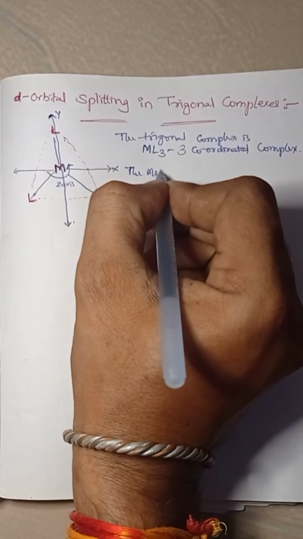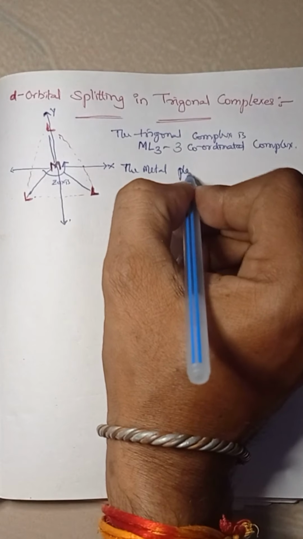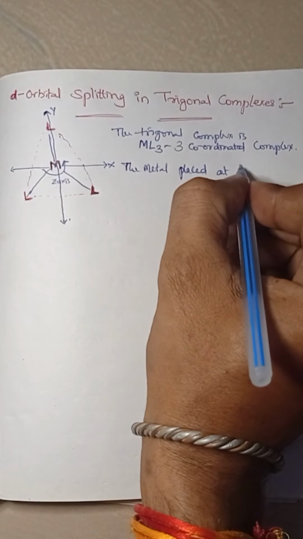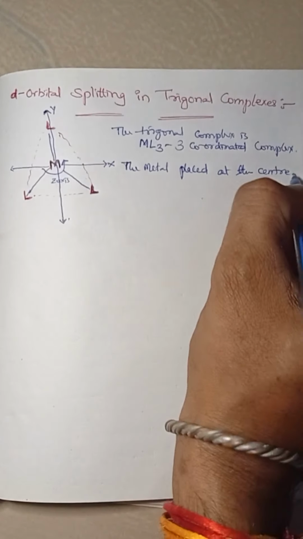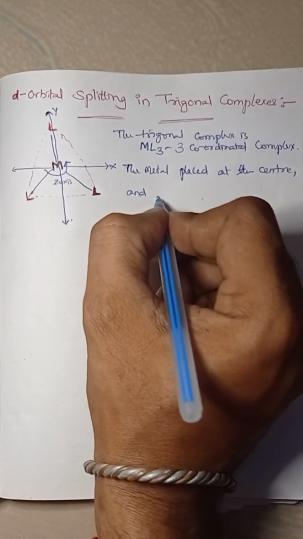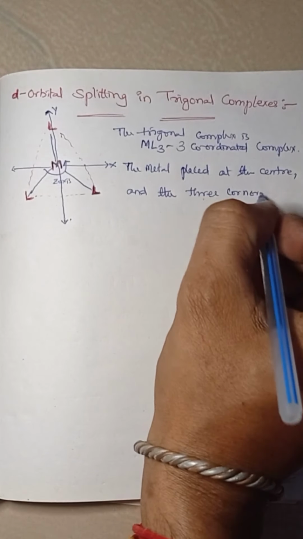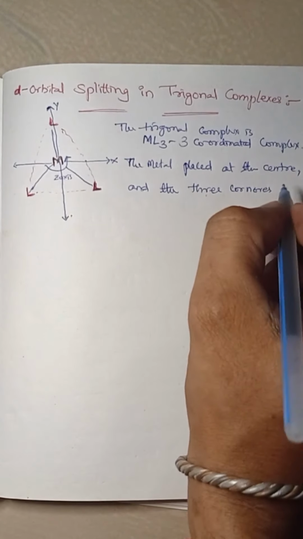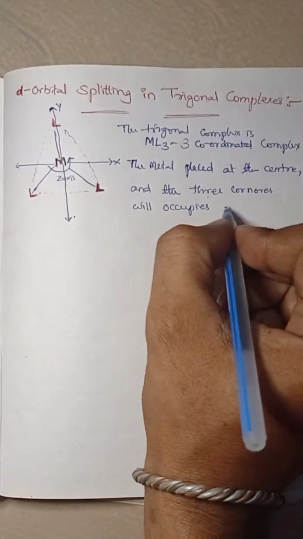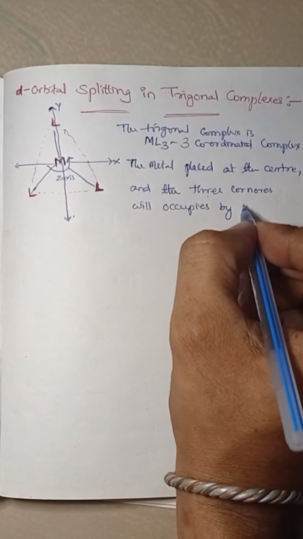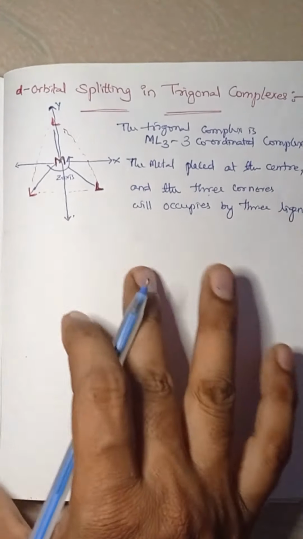The metal is placed at the center and the three corners are occupied by three ligands, right?